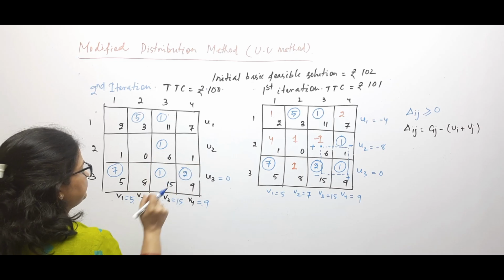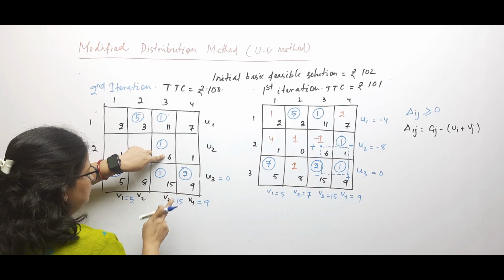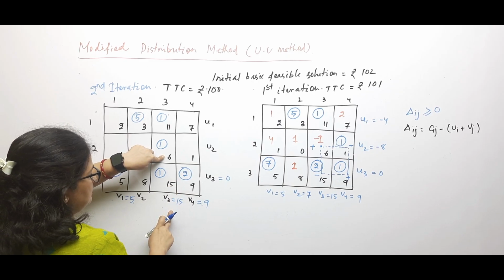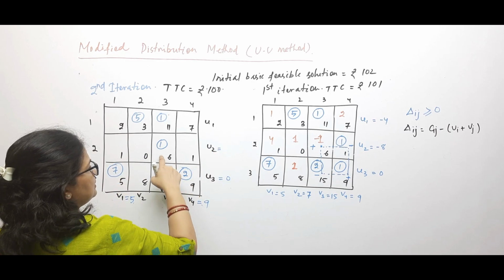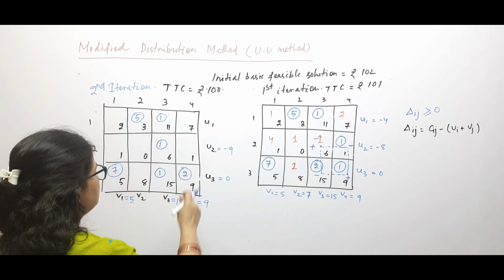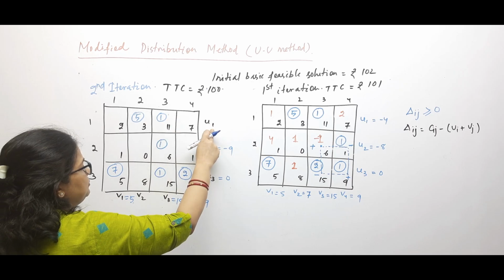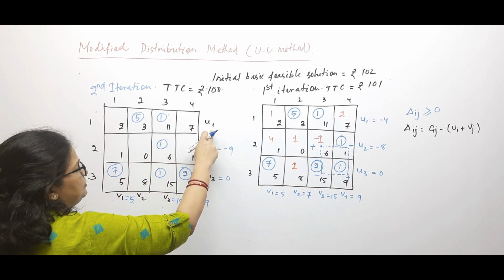Calculate U2 and U1. U2: 6 equal to U2 plus 15, so U2 equal to 6 minus 15, that is minus 9. 11 equal to U1 plus 15.